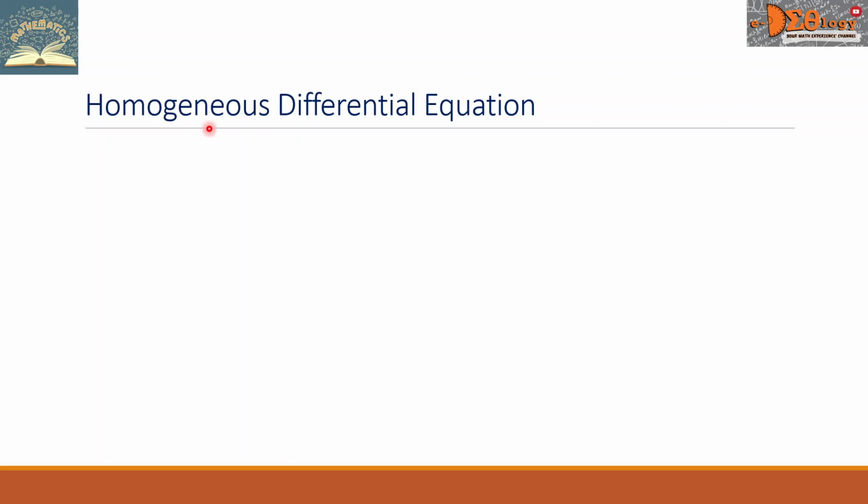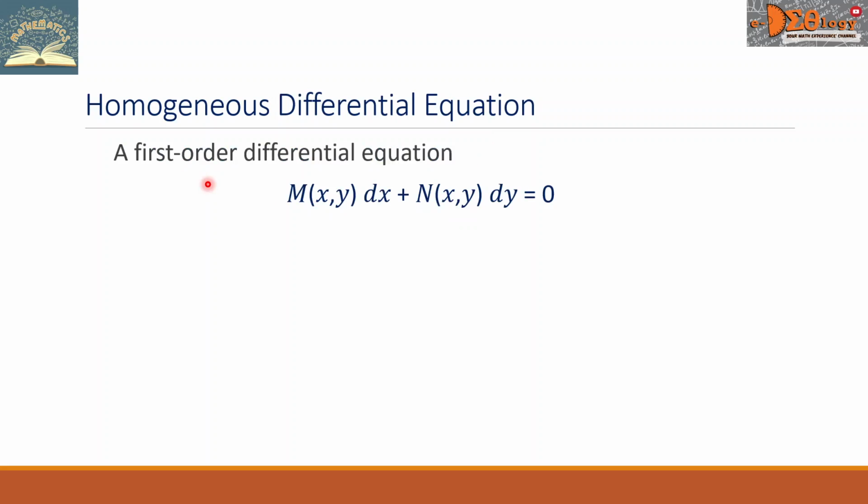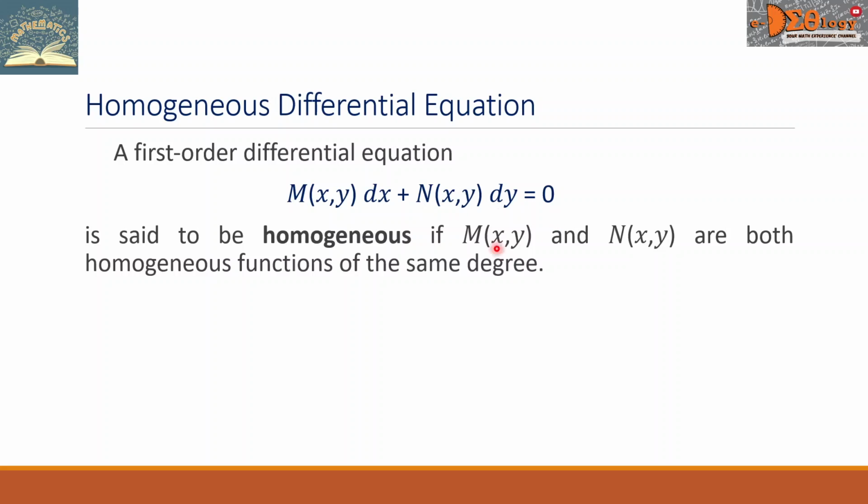We have now homogeneous differential equation. A first-order differential equation, that is the function M of x y dx plus the function N of x y dy equals 0, is said to be homogeneous if the function M of x y and the function N of x y are both homogeneous functions of the same degree.